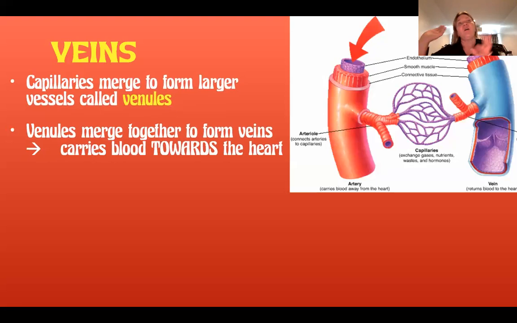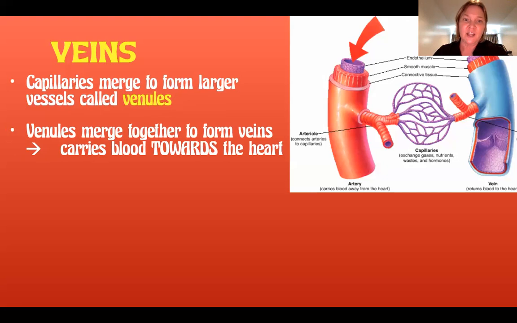Okay, so we go from big fat arteries coming out of the heart, smaller and smaller into arterioles, smaller and smaller, branching out into capillaries. After the exchange occurs, capillaries start to merge to form larger vessels called venules.